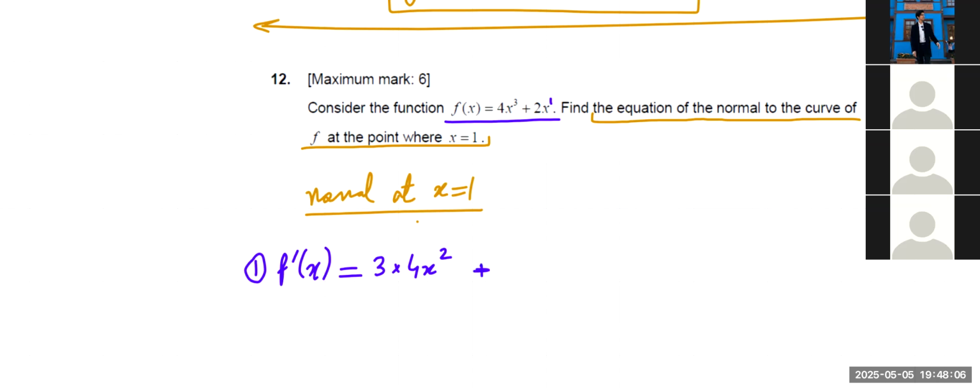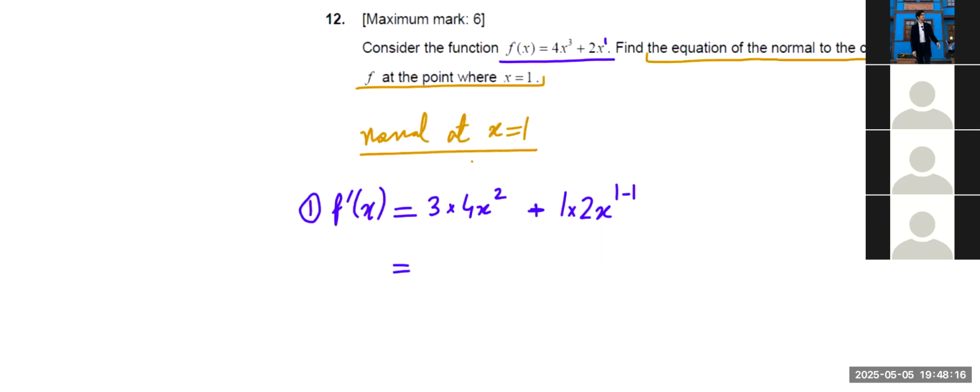You multiply by the power, same as usual, and subtract 1 from the power. What is the new power? It's 0. And what does a power of 0 mean? 1. Anything to the power of 0 is 1, which means that 2x will just become 2, because x to the power of 0 is just 1. So we have 12x squared plus 2, and that is my derivative.